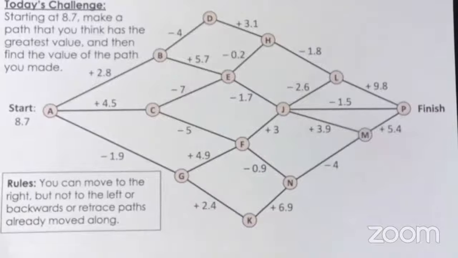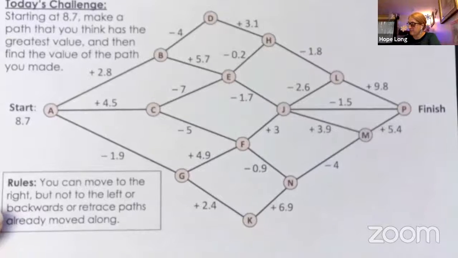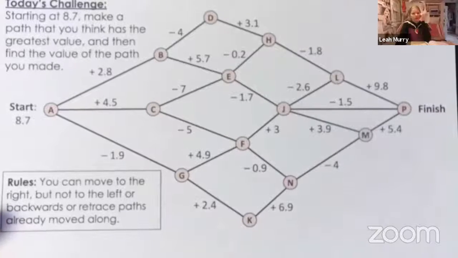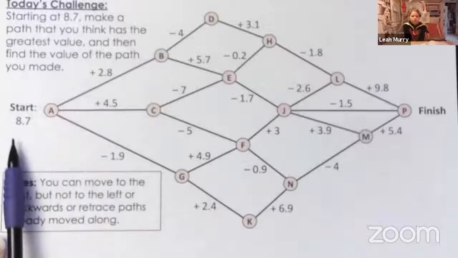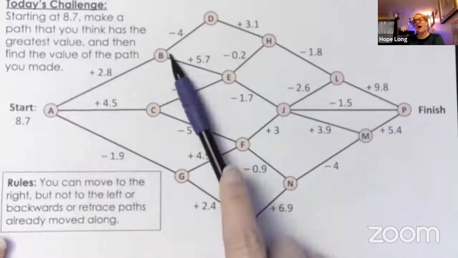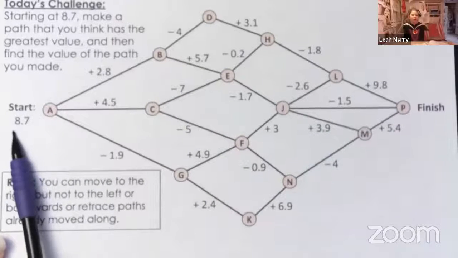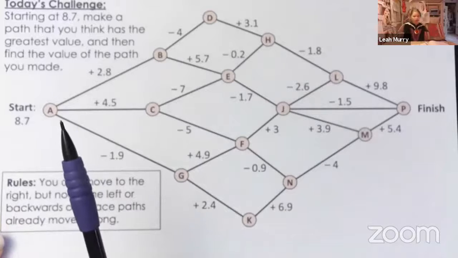Okay. Leah, did you have a question or comment? What do the minus and plus mean, like on the -7? Mm-hmm. So those are the values of that path.